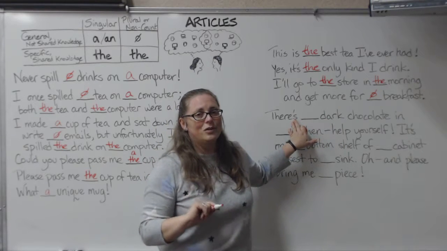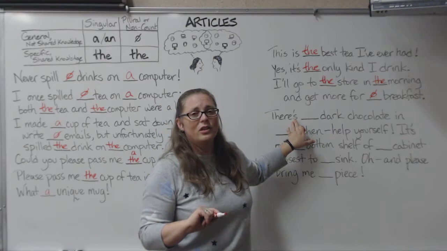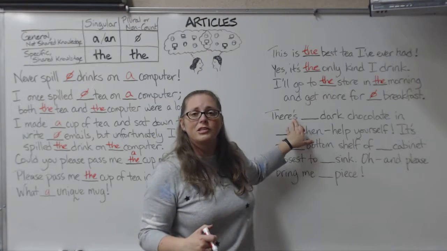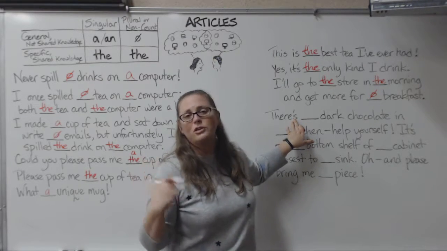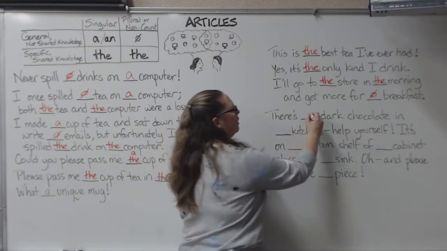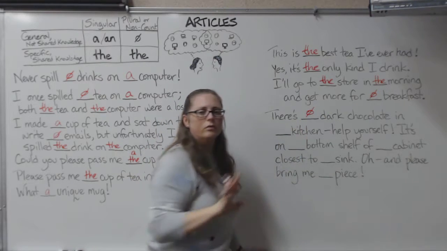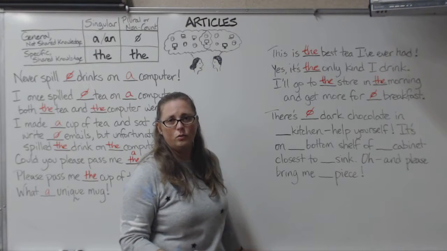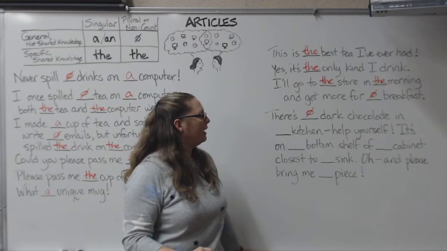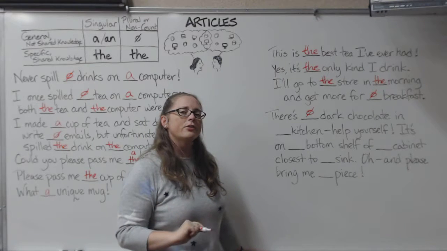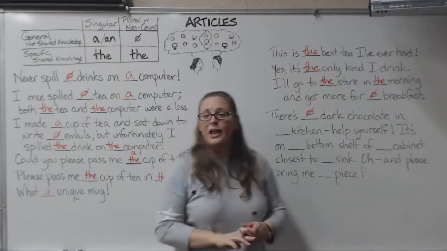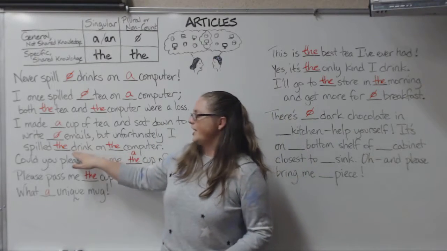"There's." I just talked about this. Using "there's," it's probably giving information to the listener that is not already shared. So, new information for the listener, non-count. There's dark chocolate in the kitchen. Here's a situation where the listener can understand from the context.